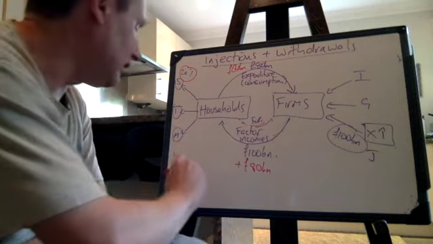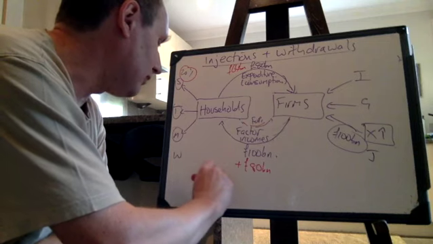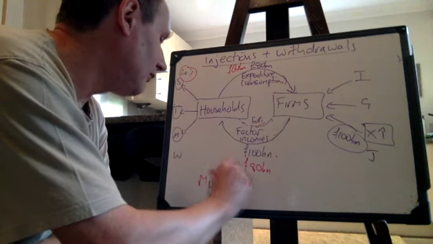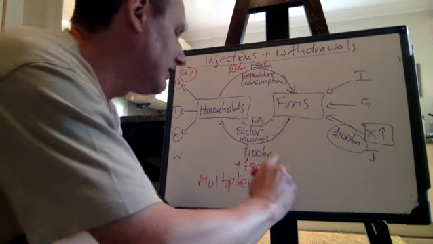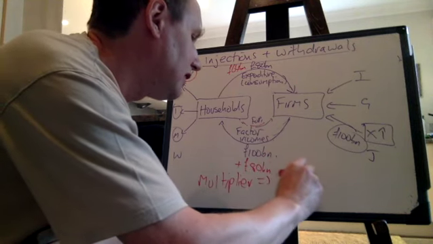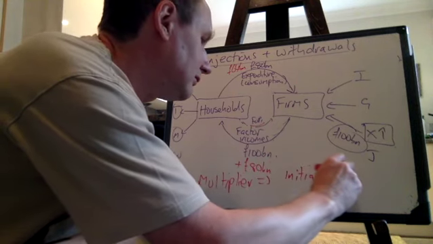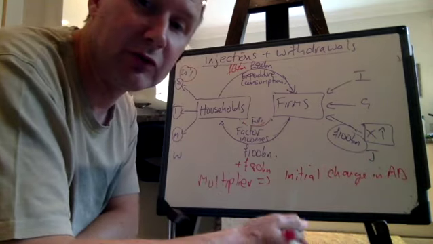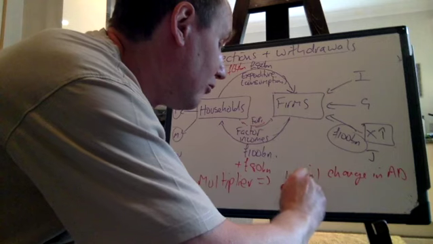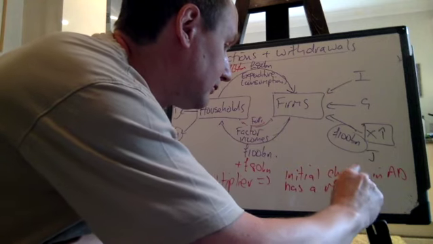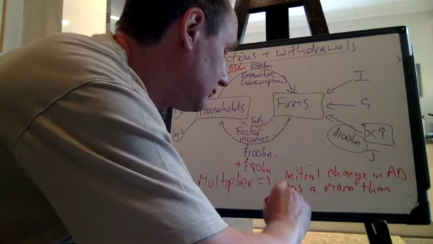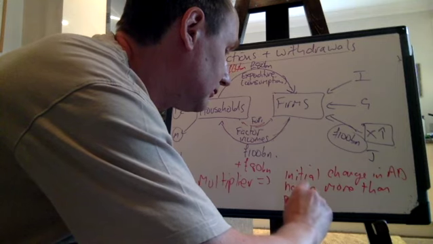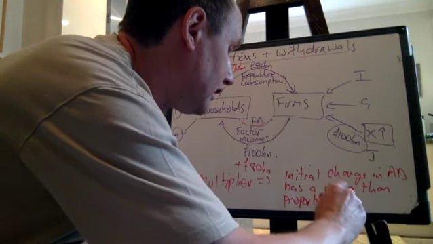This process is known as the multiplier process. And what it's saying is that an initial change in aggregate demand, or injections and withdrawals, has a more than proportional effect on GDP.